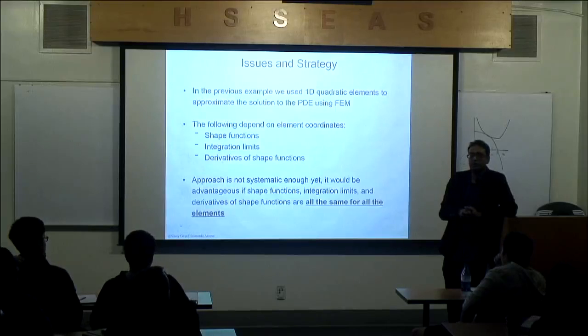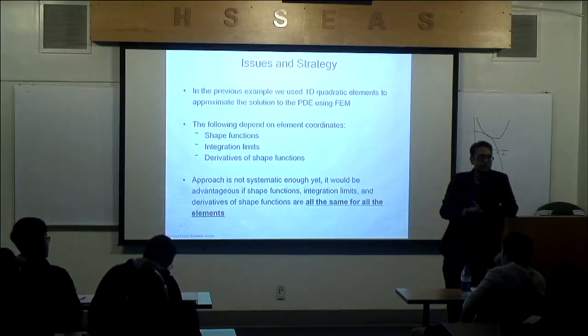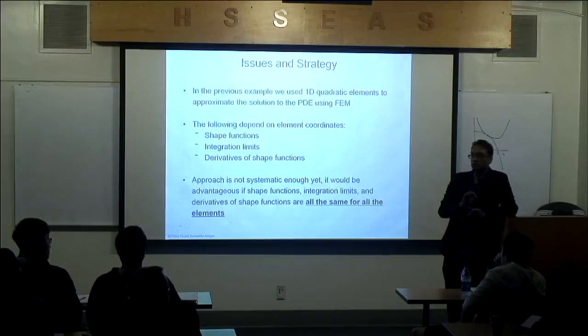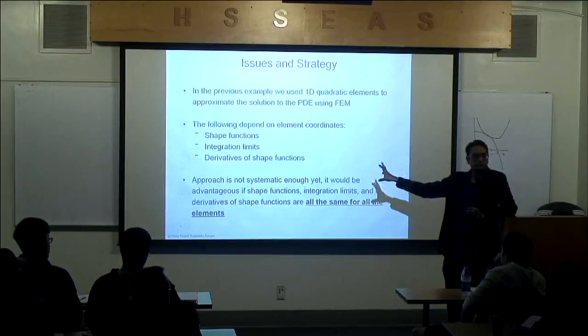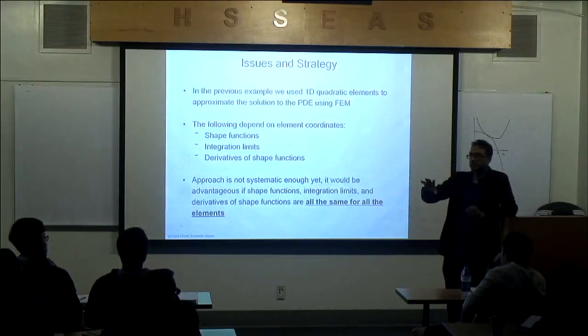It would be great if, when I integrated every single element, my domain went from one number to the next, but it would be the same for every single element. If all my elements' integrals went from -3 to 3, that would be great. What if my shape functions were the same for all of them? What if the derivatives were the same for all of them?